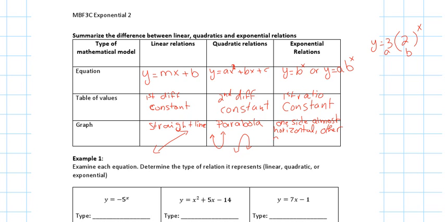It's either or. It will either grow fast or decay fast.